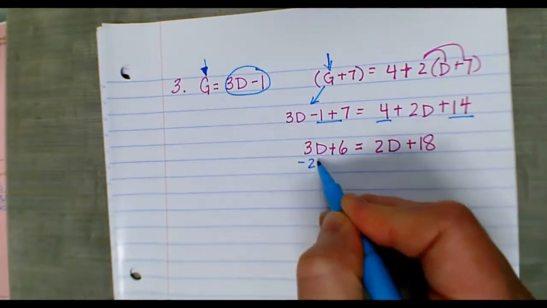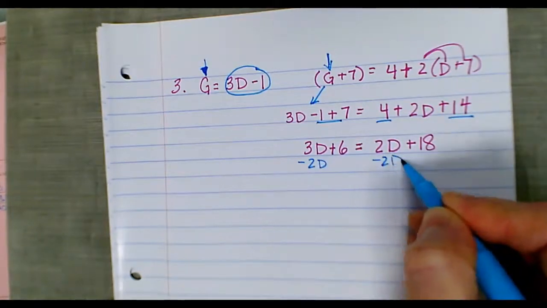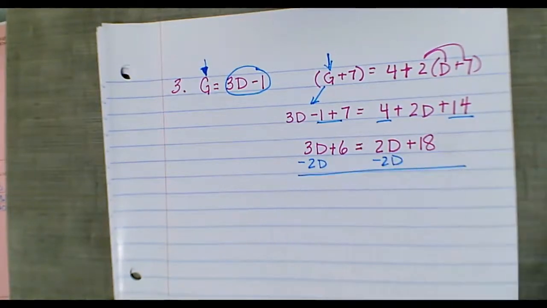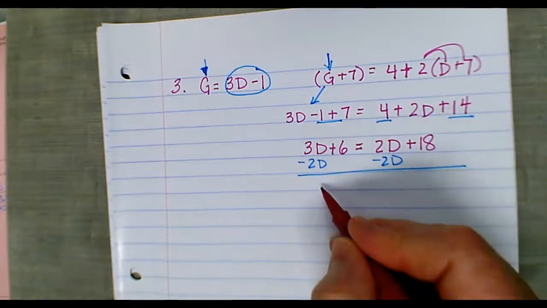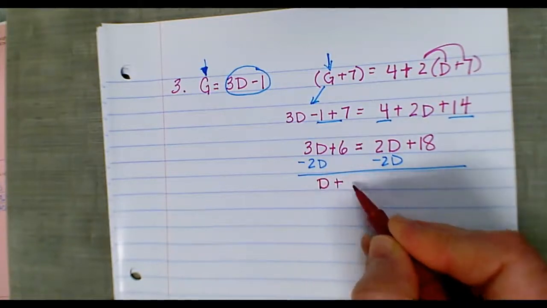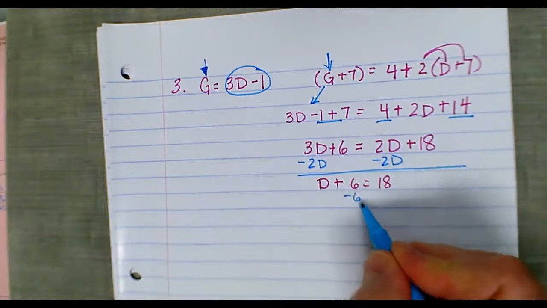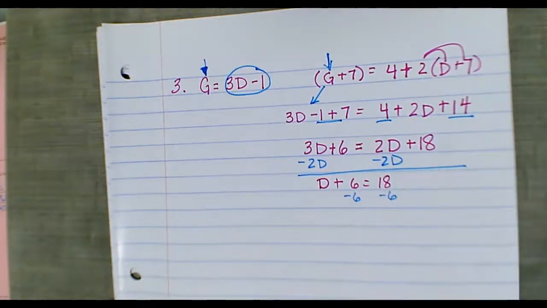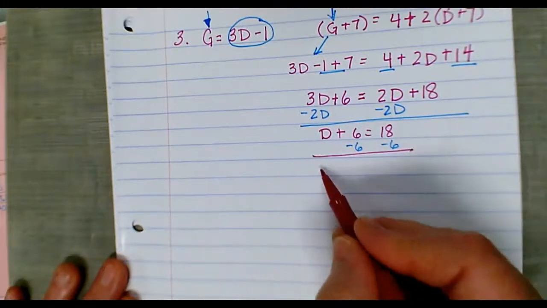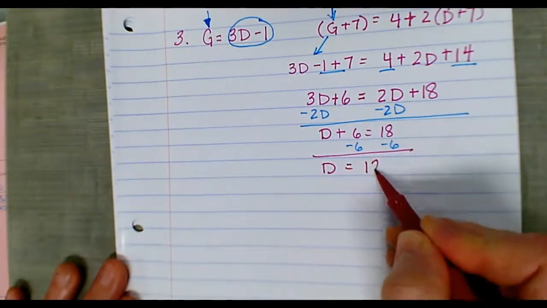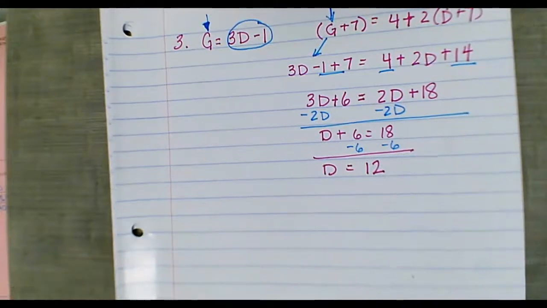Need to get the D's together. 3 subtract 2 is 1. We don't usually write the 1. Subtract 6 from both sides, and the daughter is 12 years old.